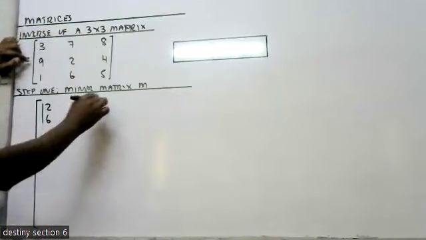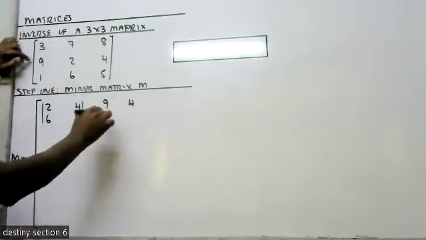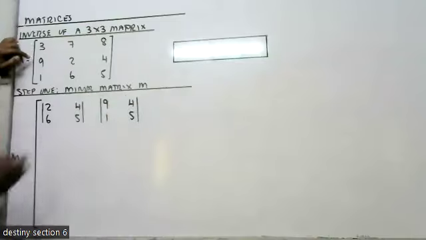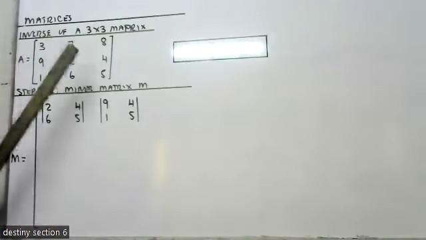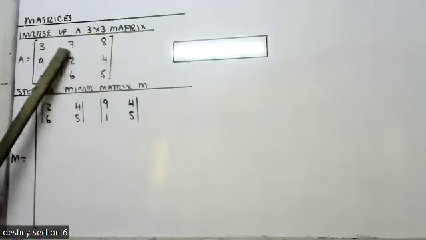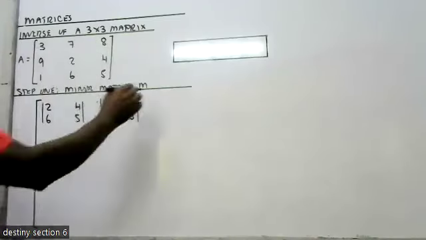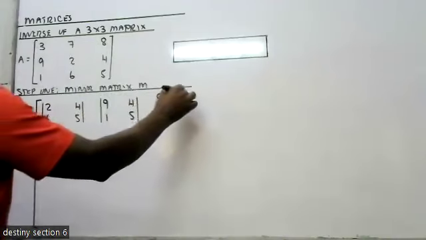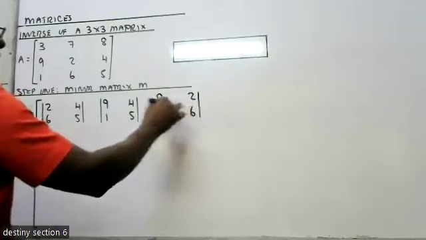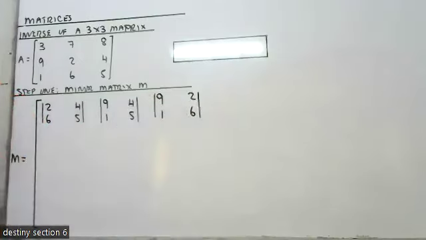You are left with 9, 4, 1, 5. Again, you put them inside 2 strokes. When you get here where we have 8, you broke this column and this row so that you're left with 9, 2, 1, 6. That way.